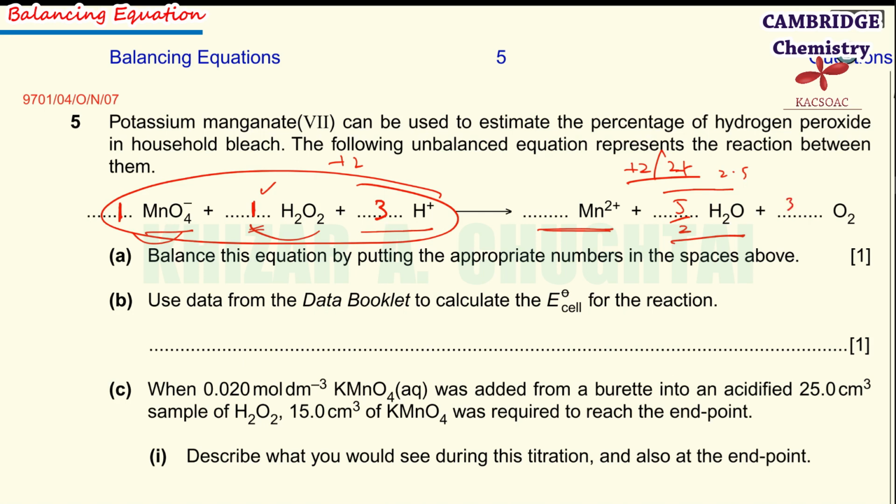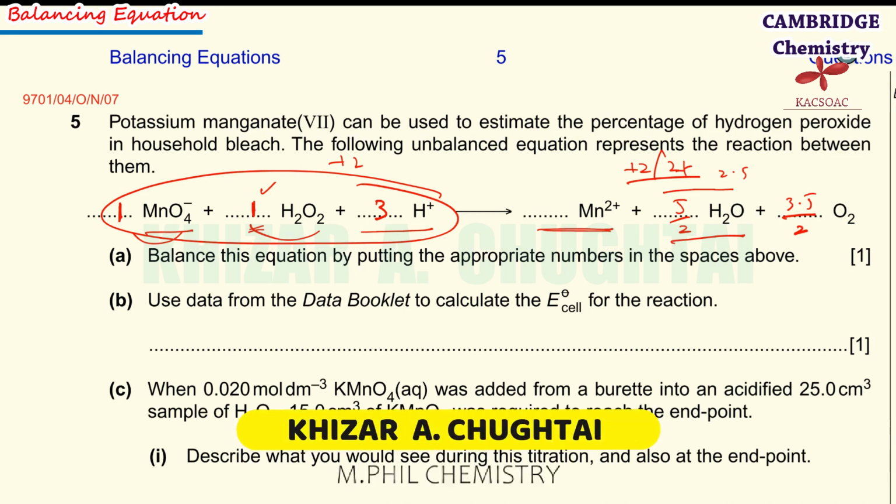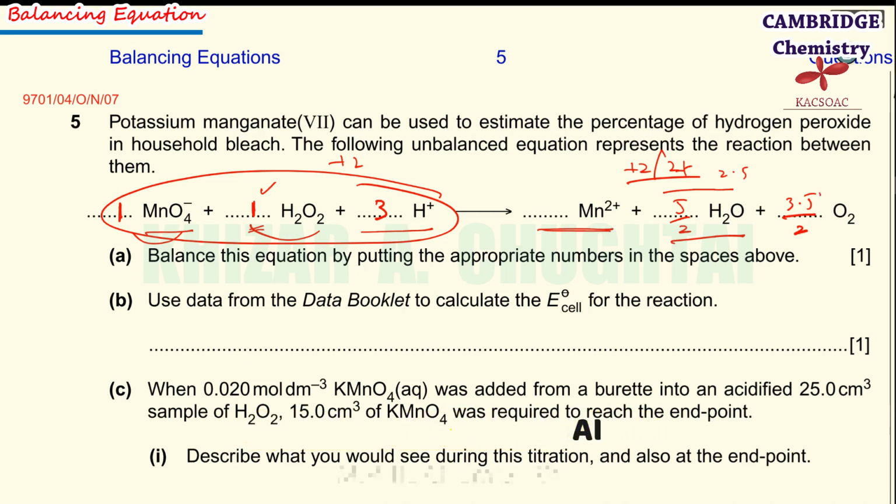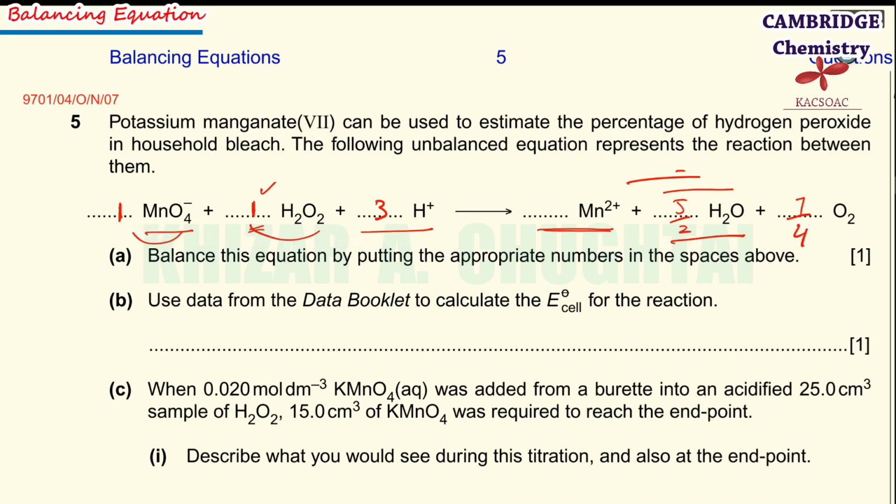That is 3.5 mole over divided by 2. Or you can write it in other way. You can put 7 over 4 over here. I'm writing it again in 7 by 4. As far as my knowledge, my opinion is concerned, your equation is balanced now. 1 mole, 3 mole, and again 1 mole, 5 by 2 mole, 7 by 4 mole.